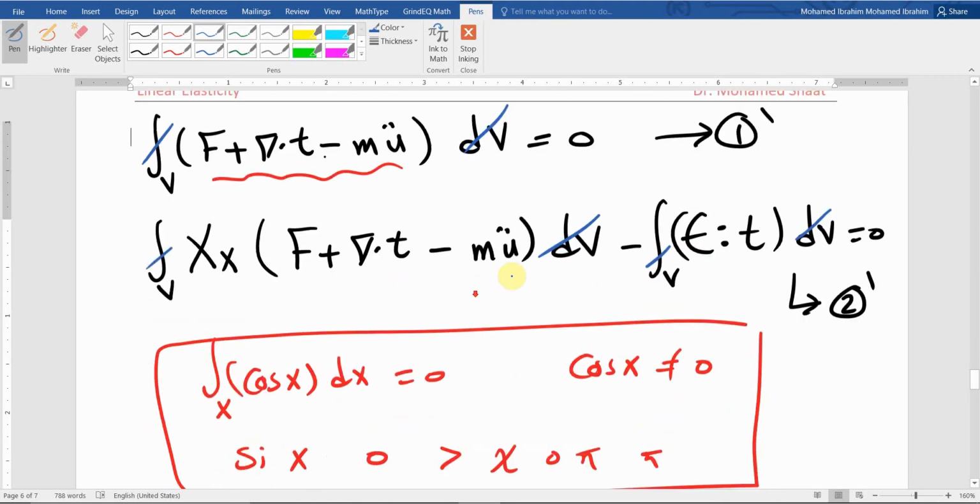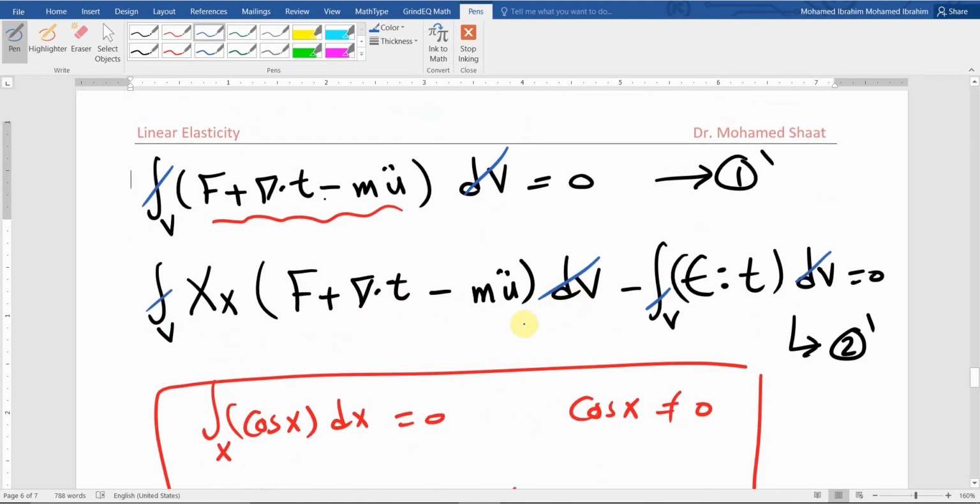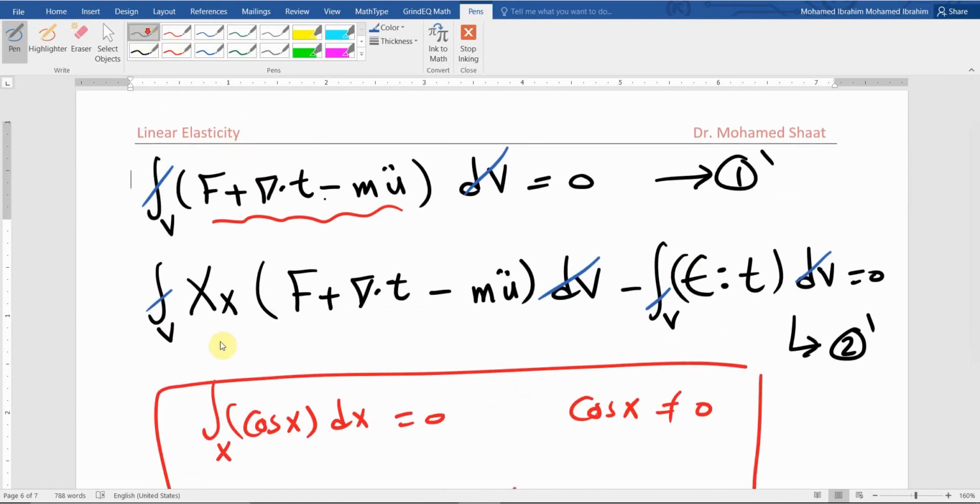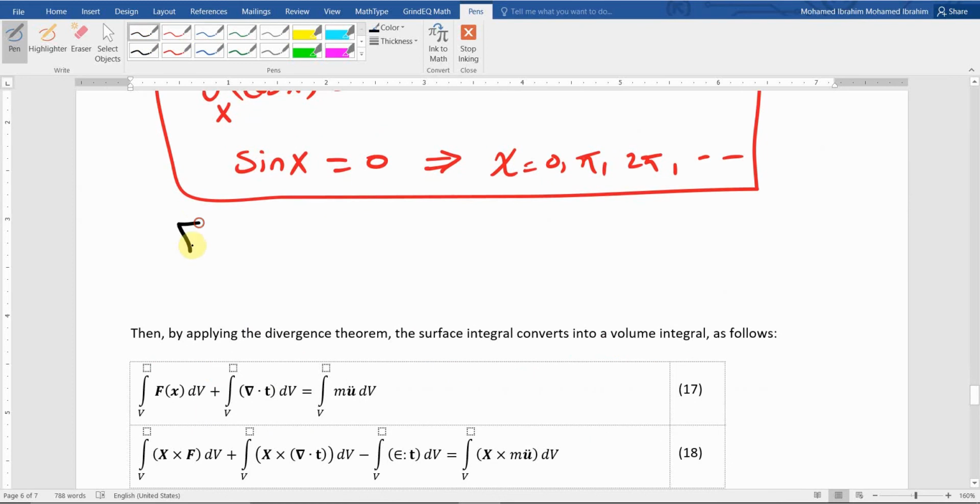So if we decide to remove the integral, this is going to make it simpler. Here we would like to write a practical form of the equilibrium equation of the continuum. Now we can get rid of the volume totally. So we end up with the first equation being simply f plus nabla dot t negative mu double dot equals 0. This is the first equation, which we call 1 double dash.